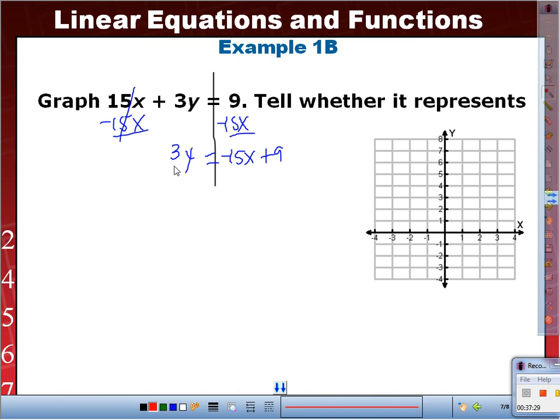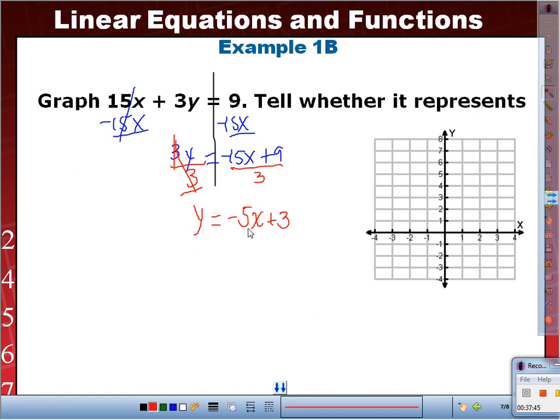And then at the end, everyone, divide by 3. And we're left with y equals negative 15x divided by 3, that's negative 5x, positive 9 divided by 3, that's positive 3. And this is the rule that we're going to use.